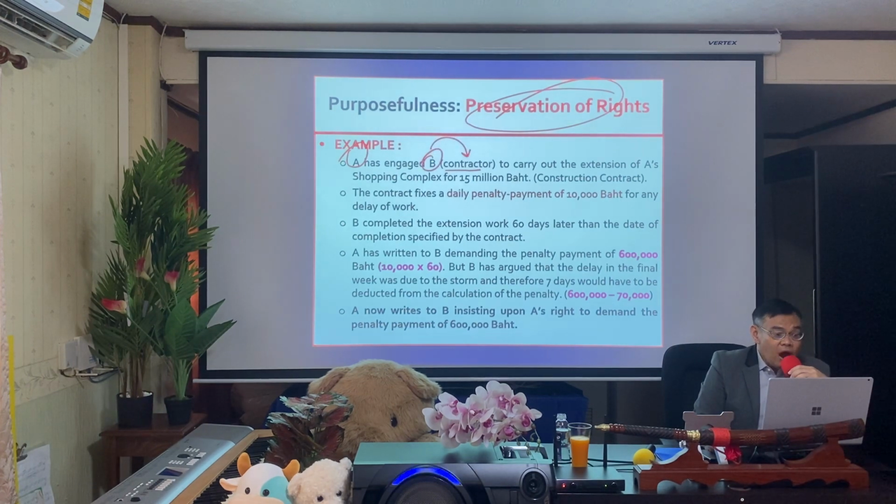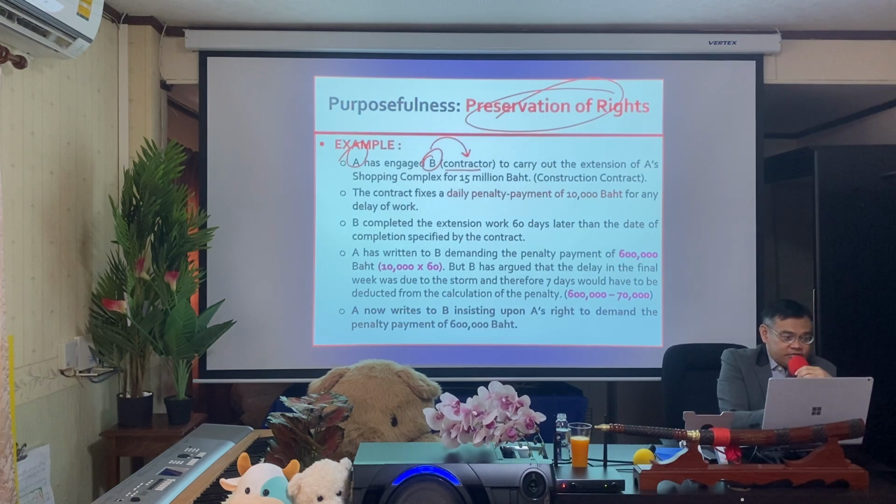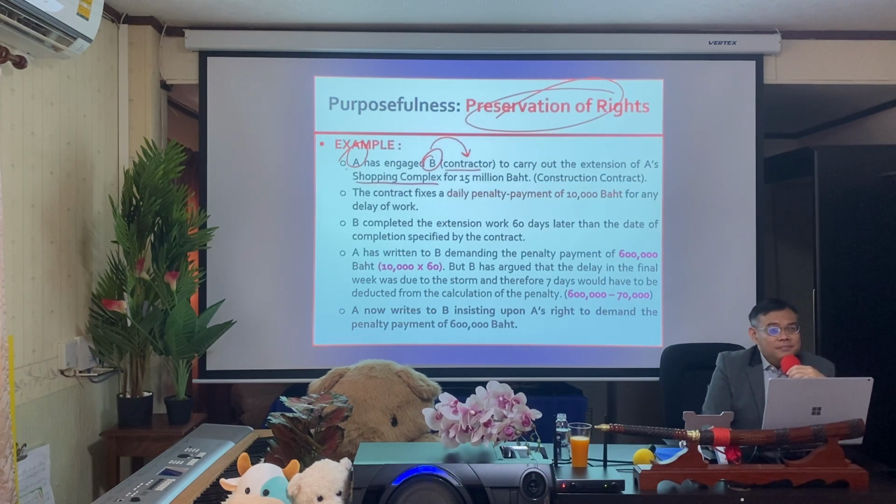A hires B to perform some construction work for A. Let's suppose that A engaged B to carry out the construction work at a shopping complex owned by A, and this contract set the remuneration at 15 million baht. This is, of course, a construction contract.